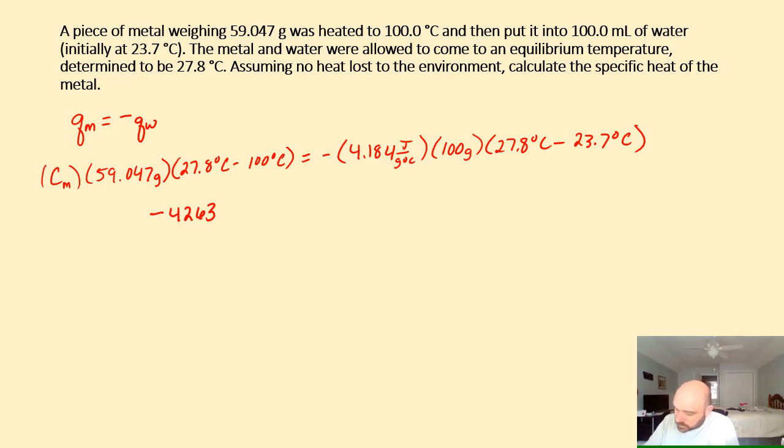And that is gram degrees Celsius, times 0.19, because we multiplied the mass and the temperature change together. And we still have our unknown variable there on the outside. Then I will simplify 4.184 times 100 times 27.8 minus 23.7.